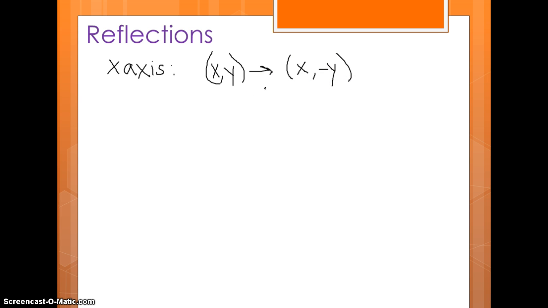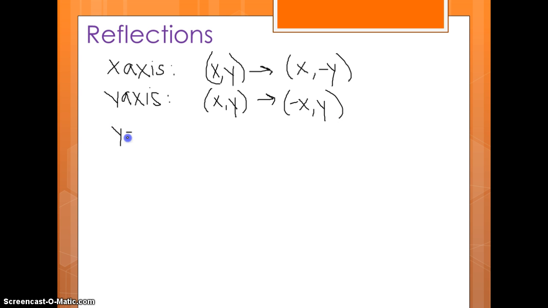Remember, anytime we're going over a horizontal line, our x value stays the same. Now we reflect over the y-axis. Now we're reflecting over a vertical line, so our y value stays the same, and our x becomes the opposite sign.